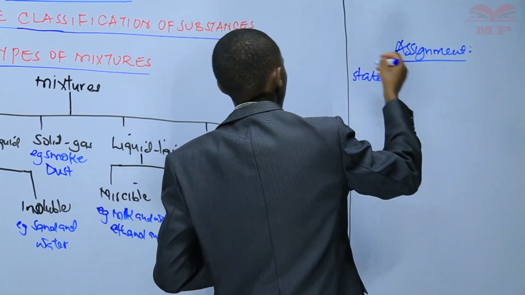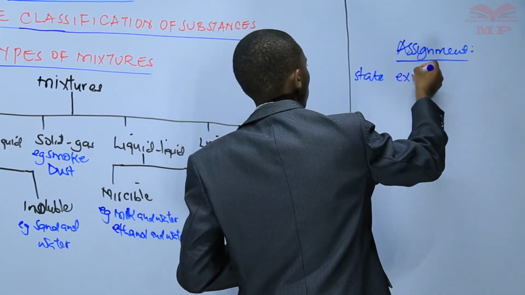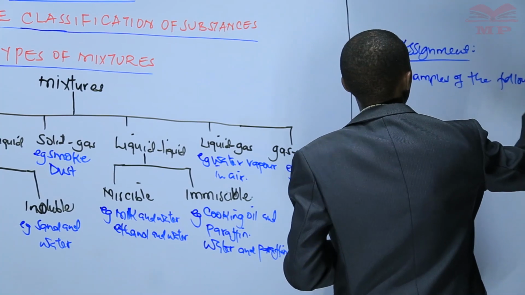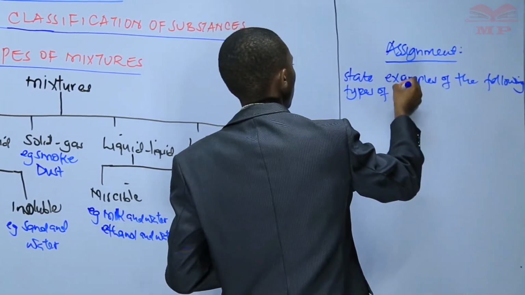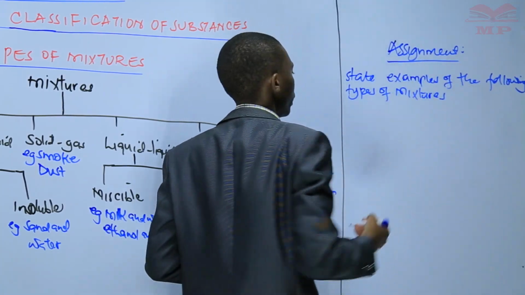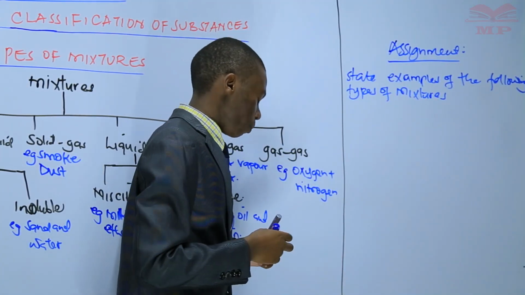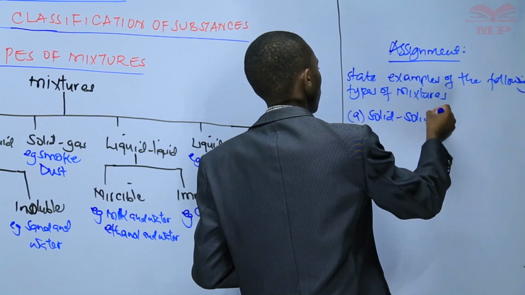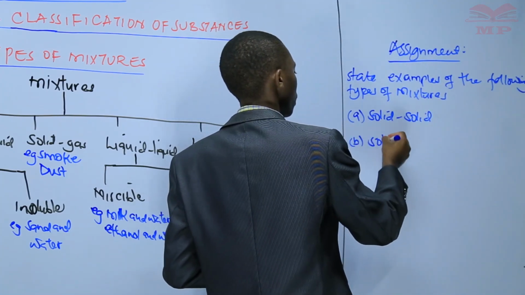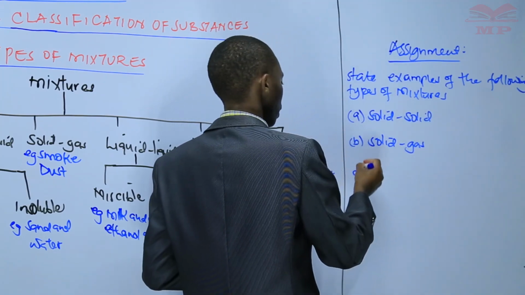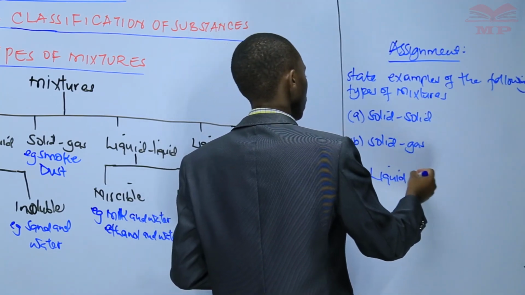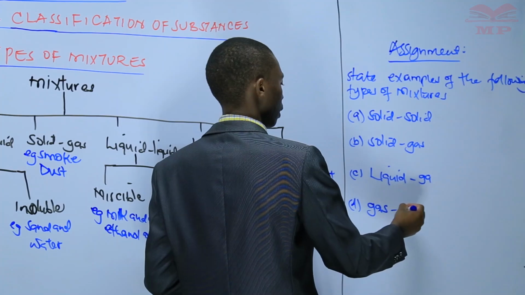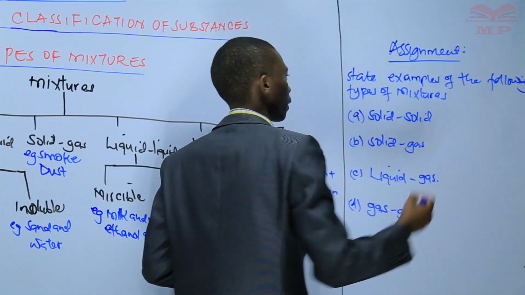State examples of the following types of mixtures: A, solid; second, solid gas; third, liquid gas; and fourth, gas.